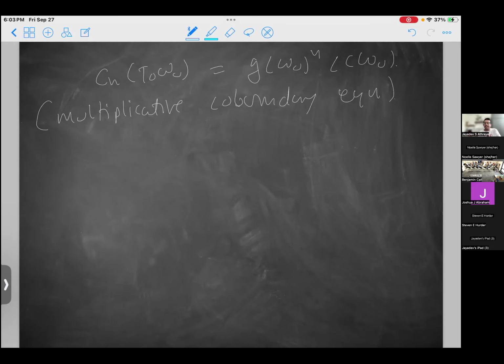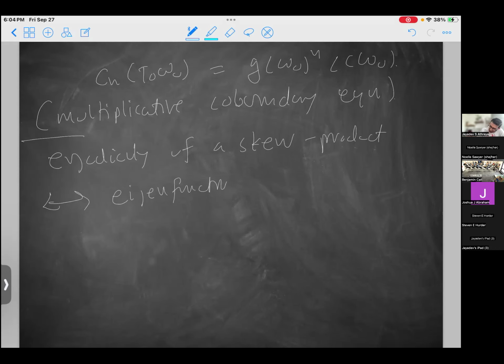And this is the key to this idea of Furstenberg, which basically says the ergodicity of a skew product can be read off from information about eigenfunctions, or more generally co-boundaries, for the base transformation. And absolutely, I can end in a minute. This is a really, really powerful idea.